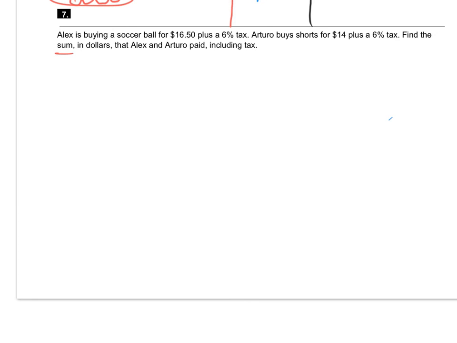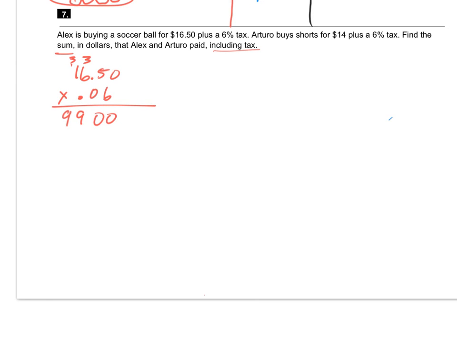And this is including tax. So we are going to do the money for Alex. So this is going to be 16.50. And we are going to multiply by 6%, which is just moving the decimal to the left twice. So that's going to be 0.06.